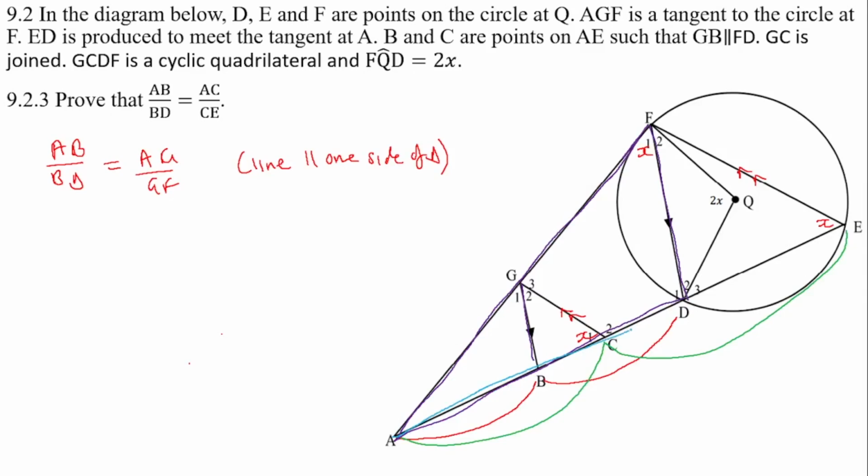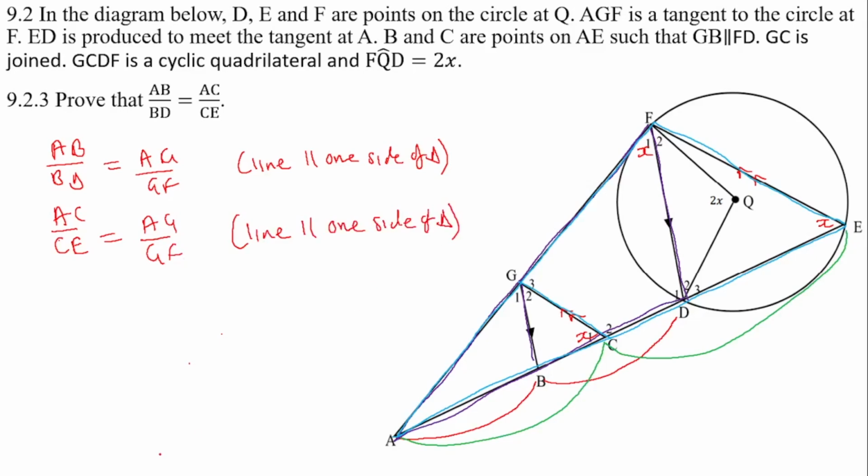So this is the triangle we're talking about, the bigger one. FE is parallel to GC. You see that? So we can say AC over CE is equal to AG over GF, isn't it? Again, a line parallel to one side of the triangle.